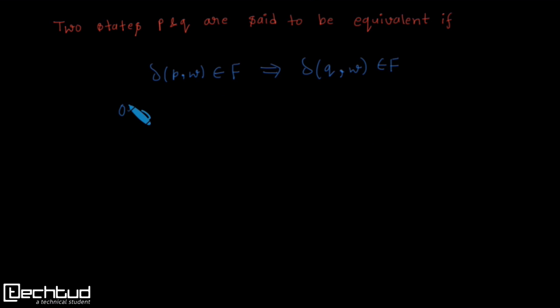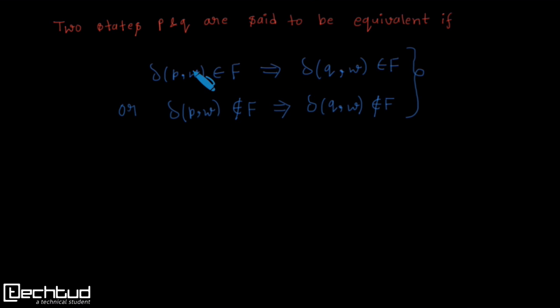Otherwise, if the transition from state P over string W does not reach a final state, then the same thing should happen with Q also. That means the transition from state Q over the same string W should also not reach any of the final states. You may not get all the points here, but with the example this will be very clear.